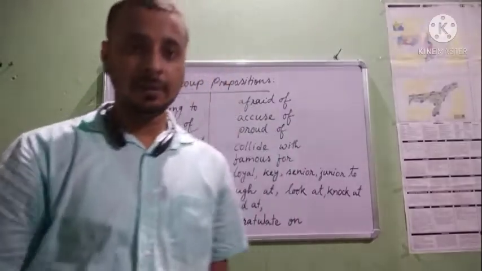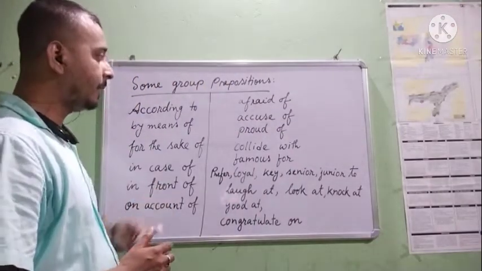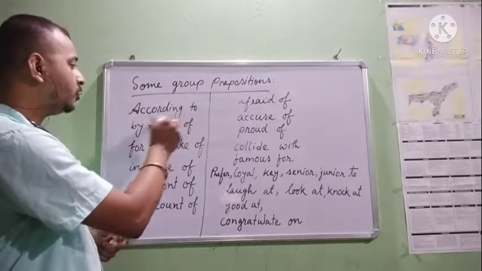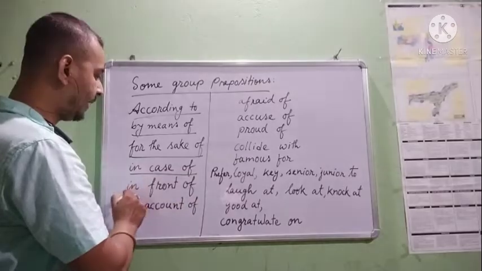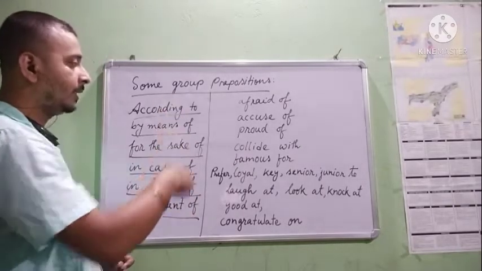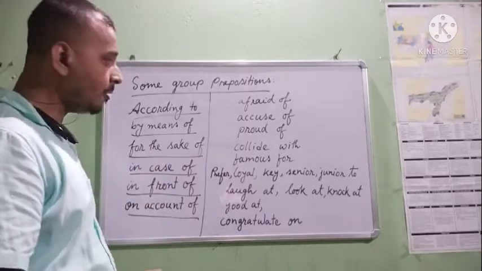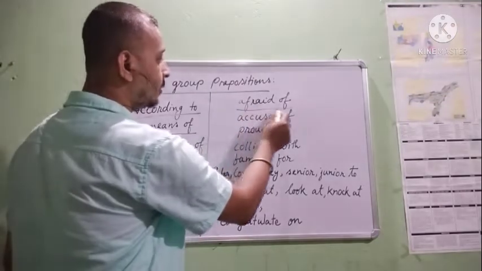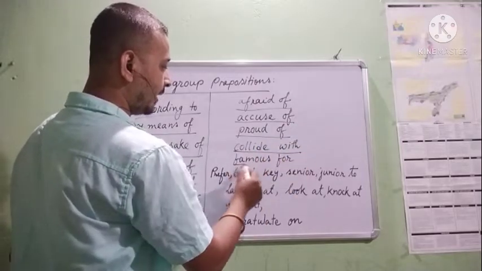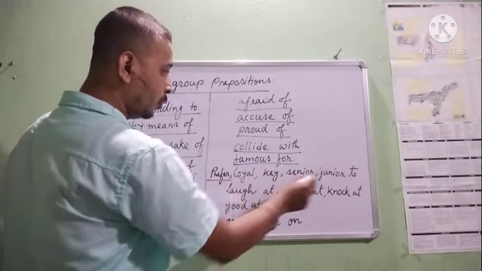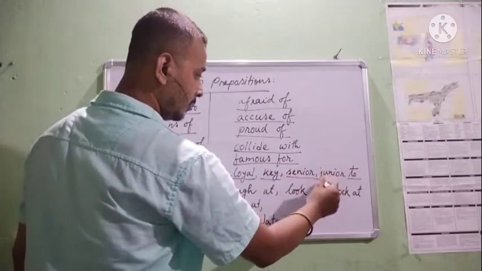Okay. So students, let's take some group prepositions, and these are very important. According to, by means of, for the sake of, in case of, in front of, on account of. These are all prepositional phrases, also called group prepositions. And these are also: afraid of, accused of, proud of, collide with, famous for, prefer to, loyal to, key to, senior to, junior to.